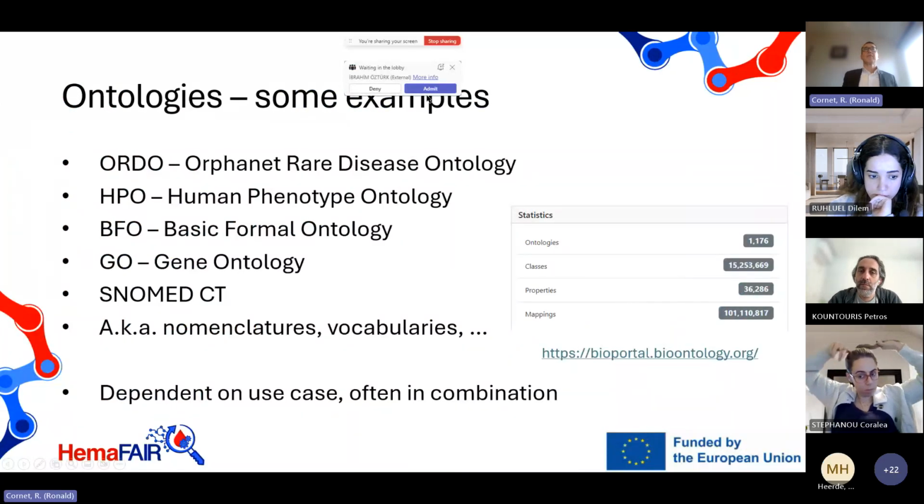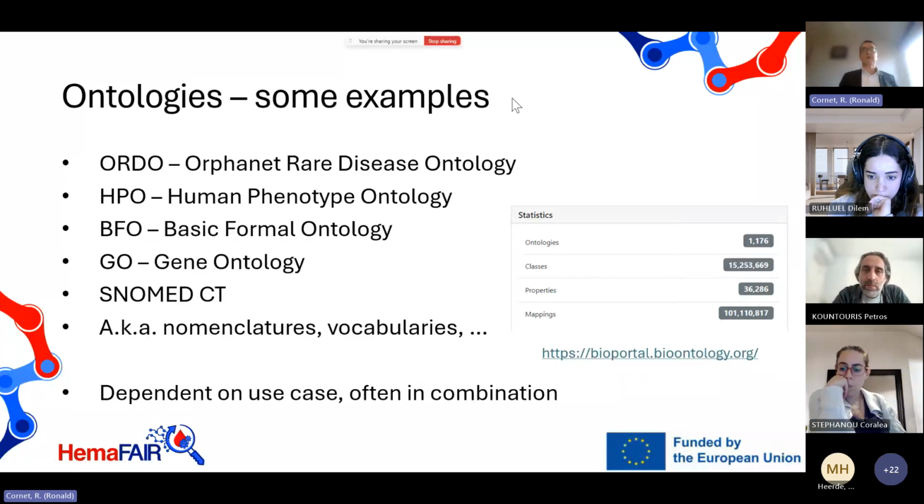So, ontologies, I realize that it's often a word that may confuse people. So before diving into ontologies, I thought it's good to provide a few examples, where many of them also contain the word ontology in their name, but not always. And there's many ways you can look at ontologies. So ORDO, the Orphanet Rare Disease Ontology, is one probably well known, especially in the area of rare diseases.